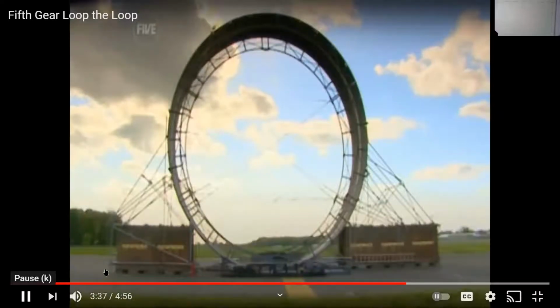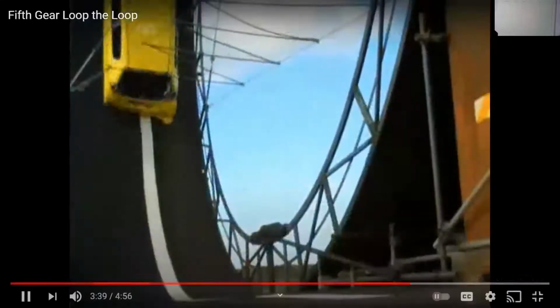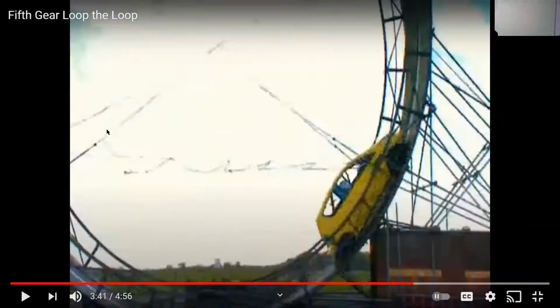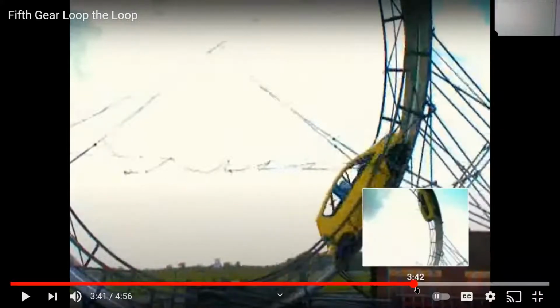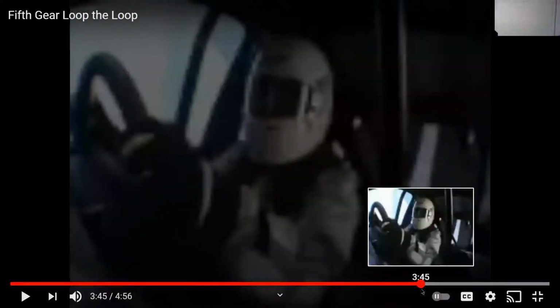Right. So the interesting thing is that the car doesn't fall down, even at its highest point.